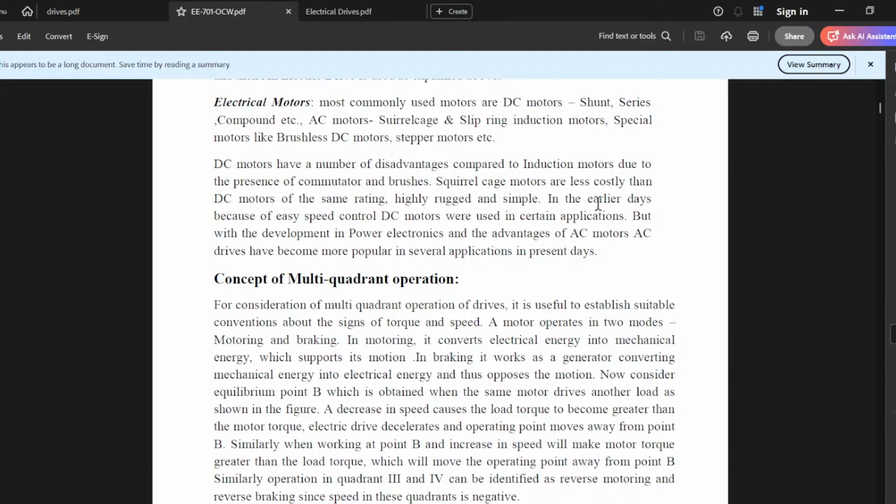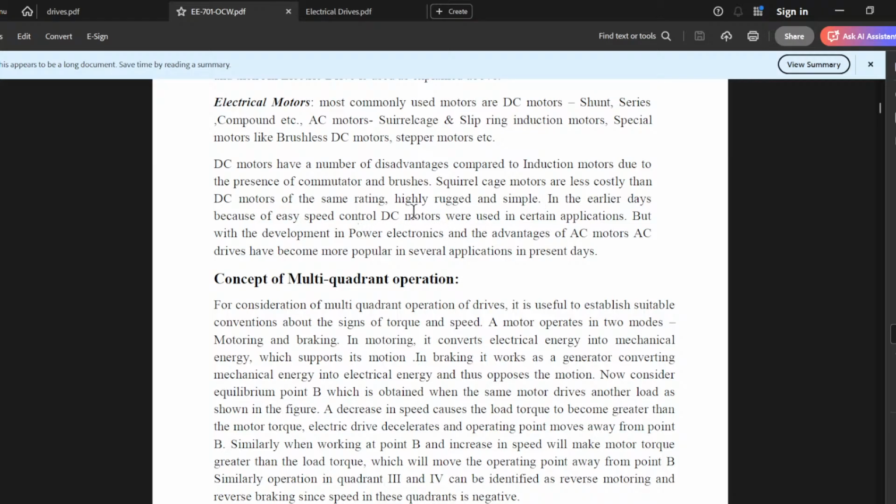Squirrel cage motors are less costly than DC motors of the same rating. So my boy Tesla is providing us a more economical motor of the same rating, highly rugged, better in industrial use case, and simple. In the earlier days, because of easy speed control, DC motors were used in certain applications.